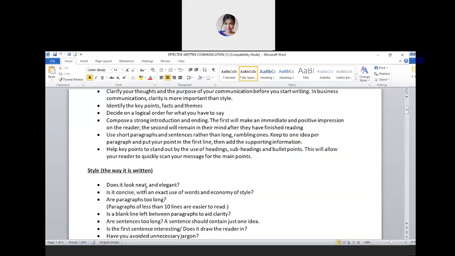Okay. If you see that your paragraphs are too long, try to read them properly, and then try to make them short. If you're writing something and you see that your paragraph is too long, suppose it has 50 lines, the other person will be bored.